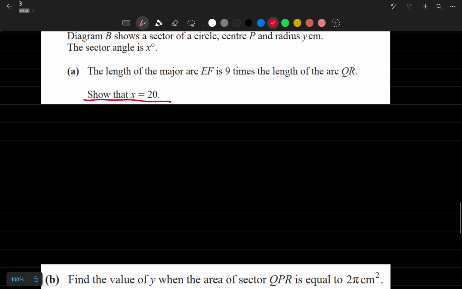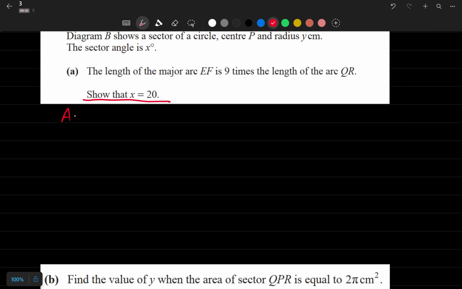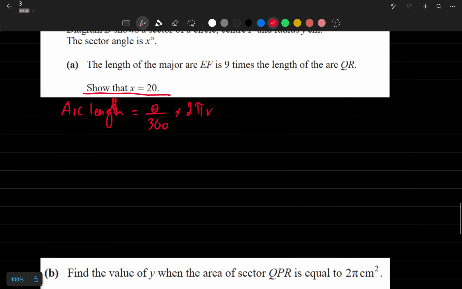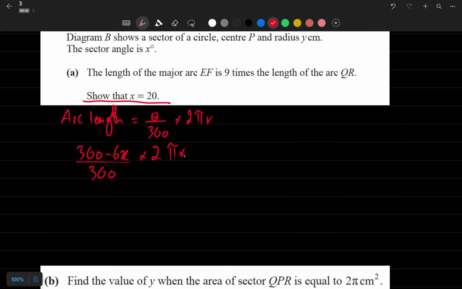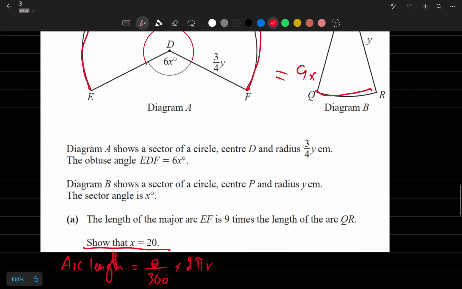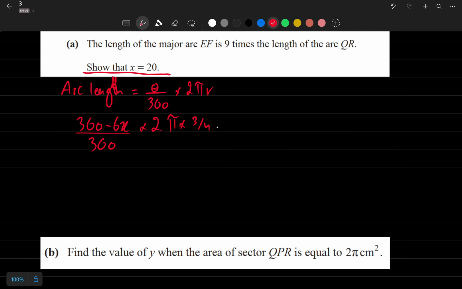First of all, the formula for arc length is equal to theta by 360 multiplied by 2 pi r. So theta in the first case is 360 minus 6x, divided by 360, multiplied by 2 pi, and the radius is 3/4 y.